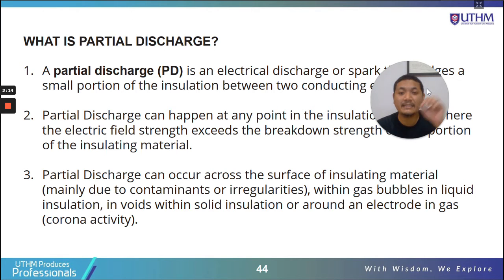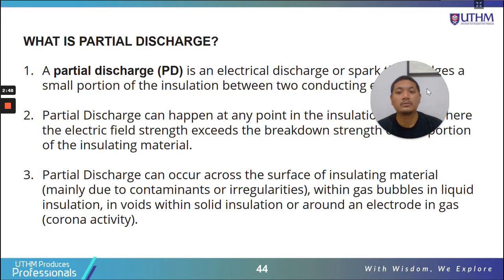Not just inside the insulation, but also on the surface of the insulating material. Usually it's because of contaminants, such as conductive contaminants like water droplets on the surface of the insulation materials, that can cause partial discharges.